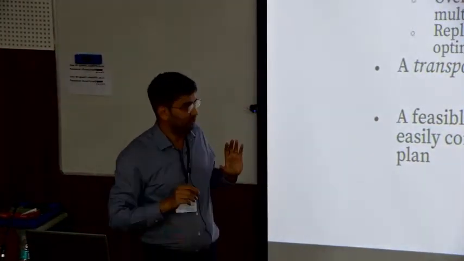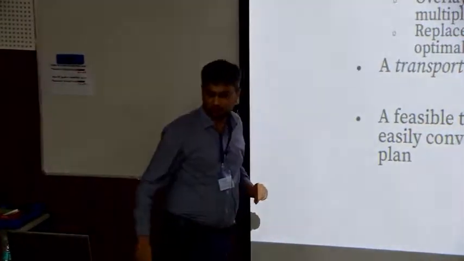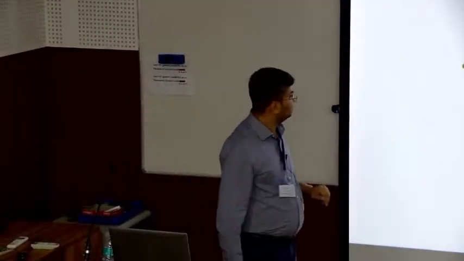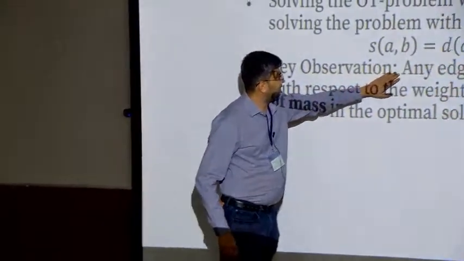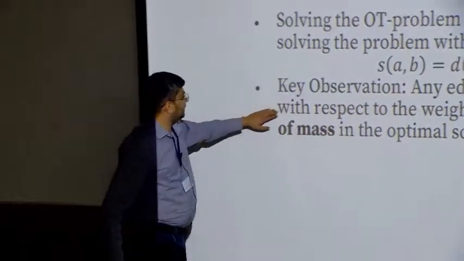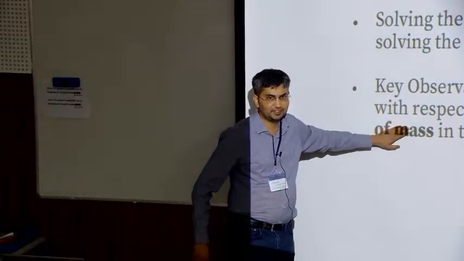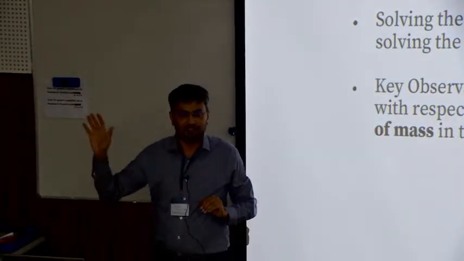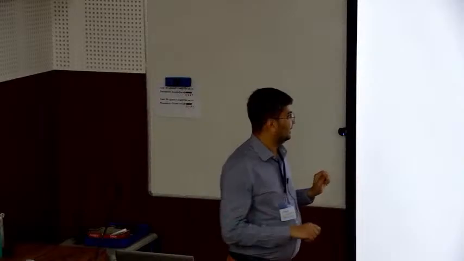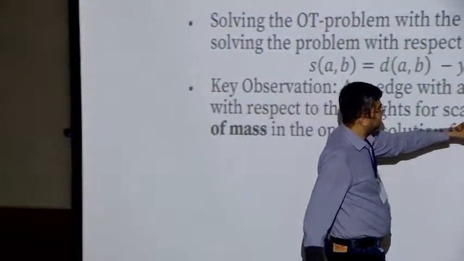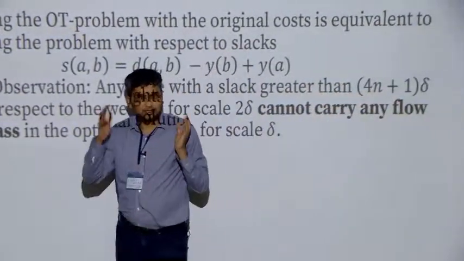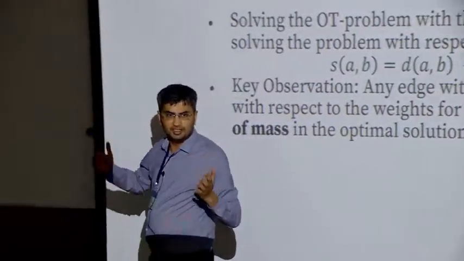Using that analysis, we're able to show that no edge with a slack greater than 4n plus 1 times delta will carry any flow in the optimal solution for the current scale. Essentially, we can ignore all these edges. And those edges which have slack less than 4n plus 1 times delta are captured precisely by these 4n plus 1 shifts.